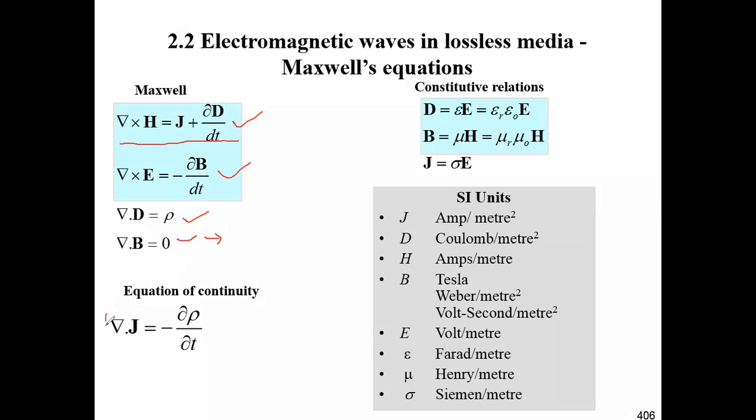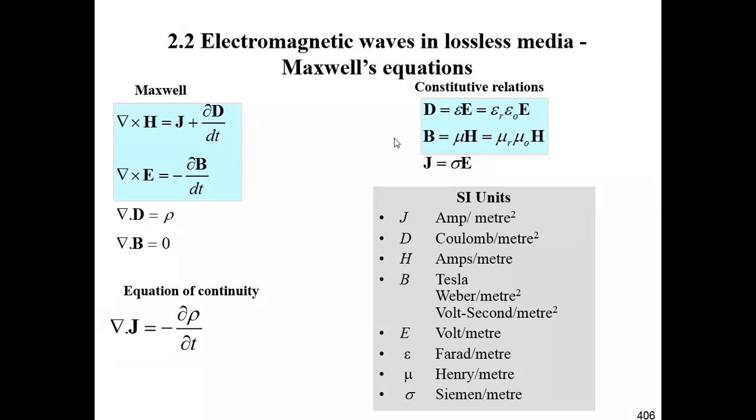This one we have already seen: the equation of continuity. And these two relations are not laws but constraints: D is equal to epsilon times E and B is equal to mu times H. And this one is also known as Ohm's law, the point form of Ohm's law. So can you see all those equations which I asked you for the first 10-15 minutes have to be used? Yes, sir. So we have collected all this and then we will proceed.